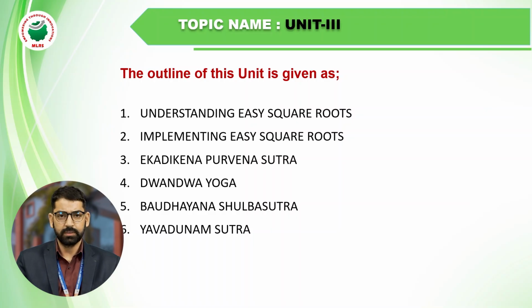These are four sutras, and we are using those sutras to solve squares or to find the squares of numbers and cube roots of numbers. That makes cube roots and square roots easy using Vedic mathematical techniques.